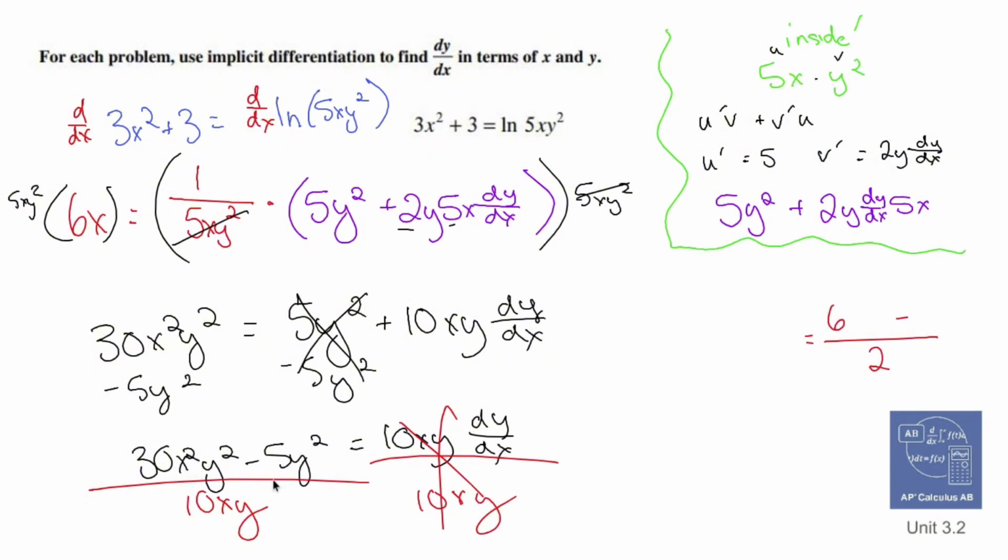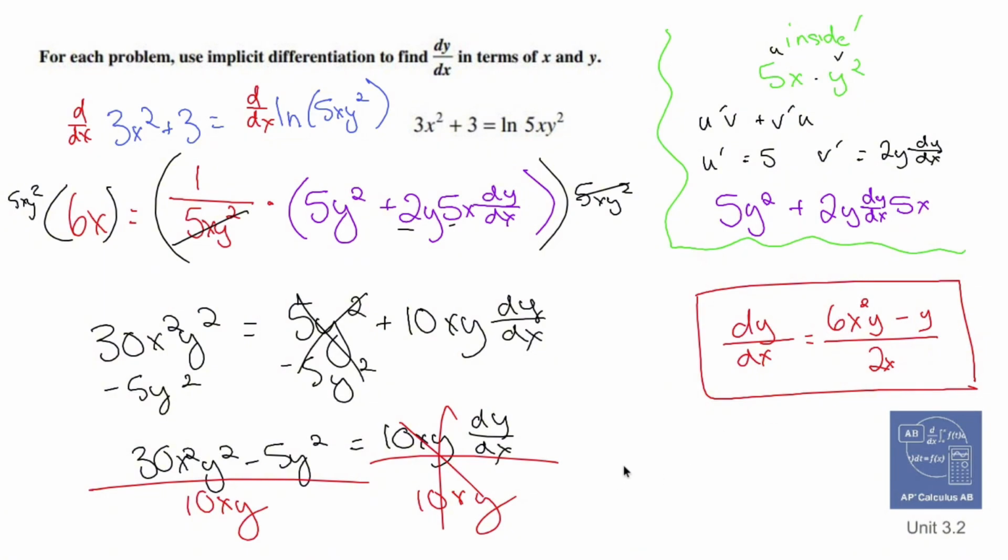There's no x in common, so x squared stays x squared and x stays x. But they each have a y in common, so y squared becomes y, and the y is now gone. And so that leaves us with dy/dx equals (6x squared y minus y) over 2x.